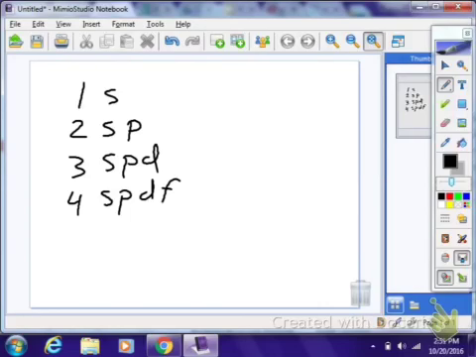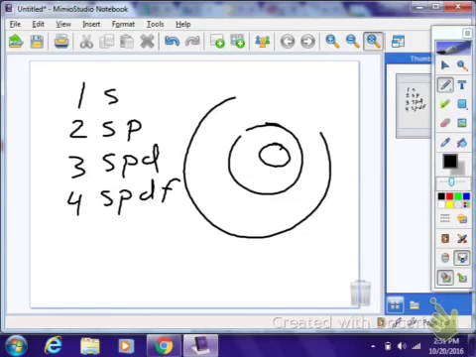Okay? Now, another thing you can think of is these shells and when they fill. But you got to be careful of this, and the reason why is because after a certain point, they don't fill the shells all the way. Meaning that they'll go to other shells before they fill up totally. And I'll explain that here in a second, or when we get to it.